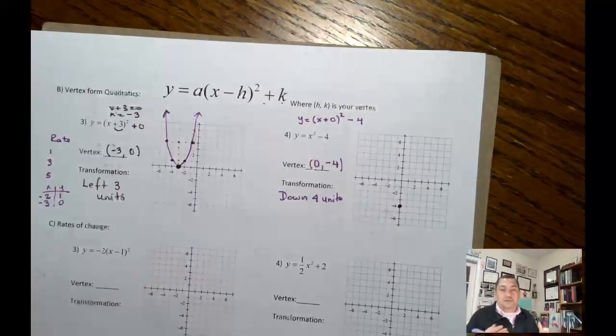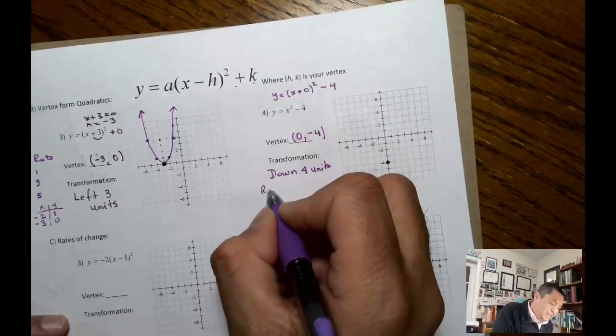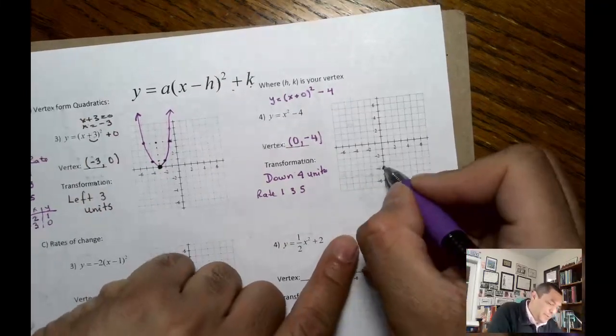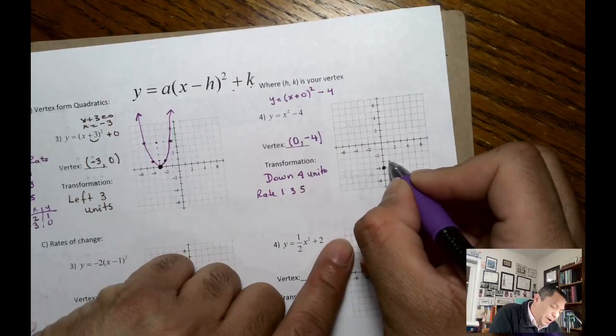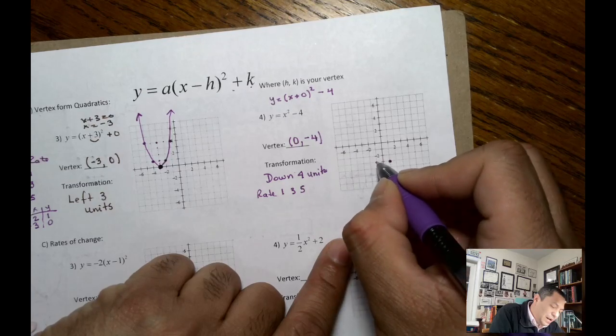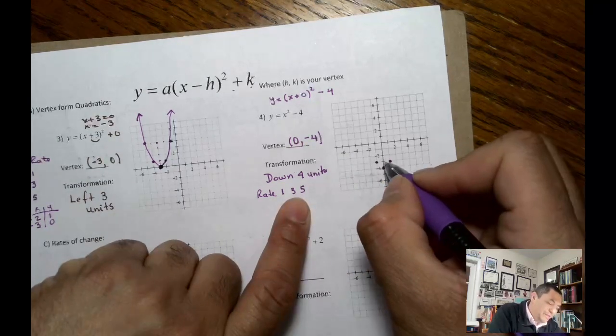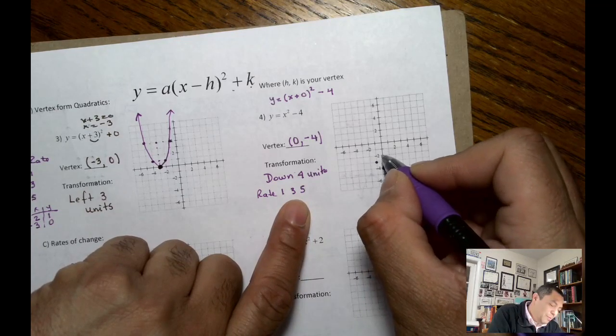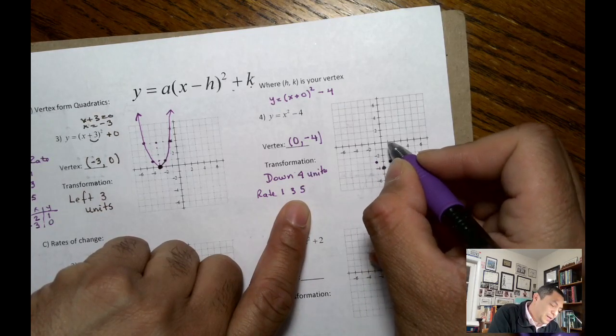And now I use the rate of change, the rate 1, 3, and 5. So look at this one. I go up 1, right 1. Up 1, left 1. Then 3. From this point, don't start from -4. Start from -3. 1, 2, 3. 1, 2.